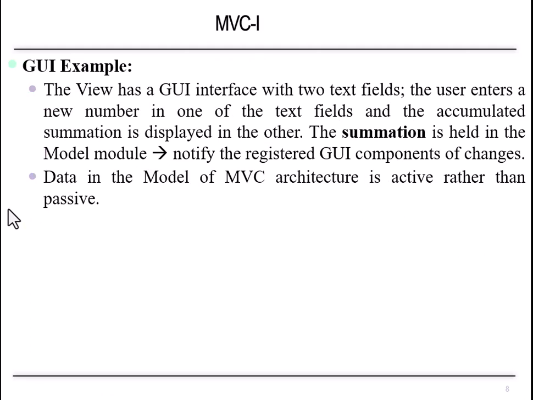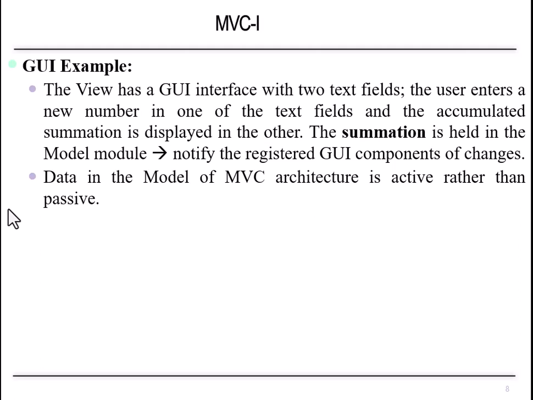So, a GUI example for MVC 1: the view has a GUI interface with two text fields. The user enters a number in one text field and the accumulated summation is displayed in the other. Means one for taking a number as input and the other for showing the summation output. The summation is held in the model.